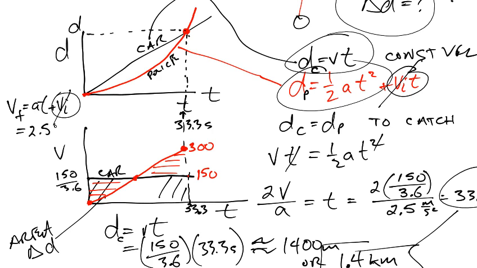So 2.5 meters per second squared multiplied by 33.3, and sure enough, let me turn on my calculator here. 2.5 times 33.3, and that's going to be 83.2, but that's in meters per second. And if we wanted to change that, we'd have to multiply that by 3.6, and sure enough, we get 300 kilometers per hour.